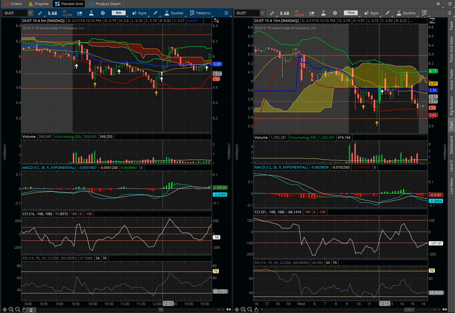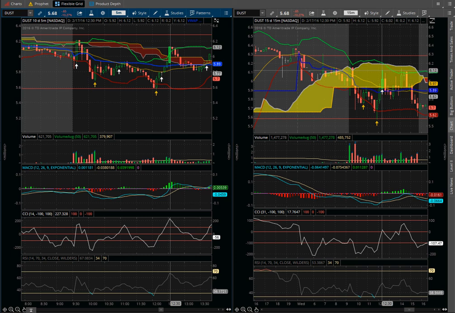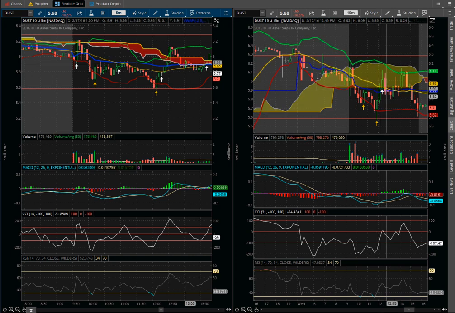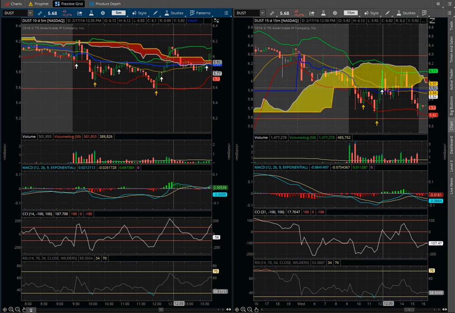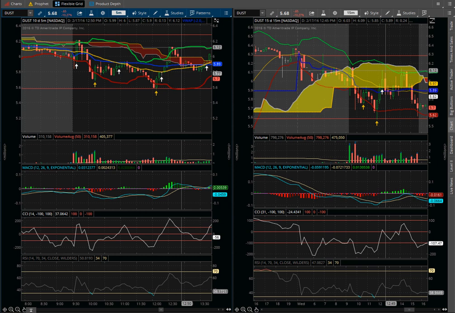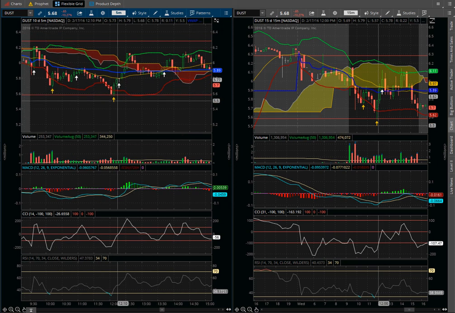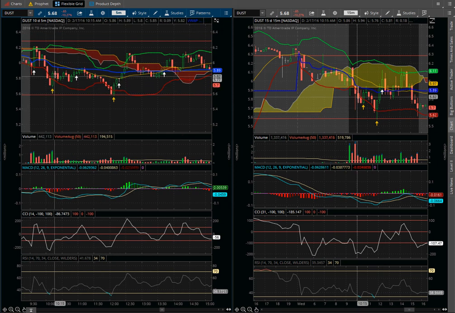There was no indication here, not a single red candle, that would have caused you to get out of the trade. Far away from the Ichimoku cloud, it actually broke through the Ichimoku cloud here as well. So this one right here would have been a possible trade, but I wouldn't have taken it because it didn't get the crossover.